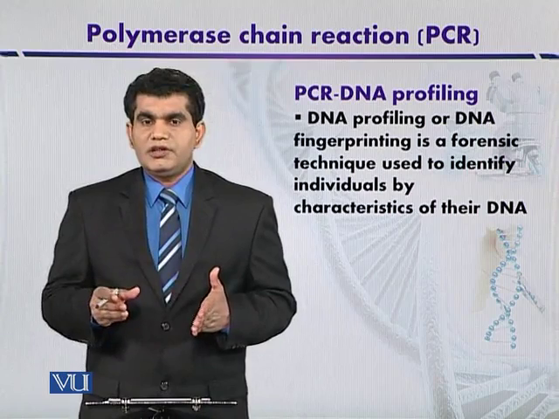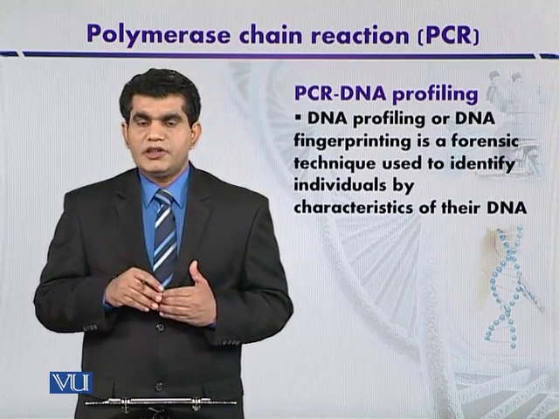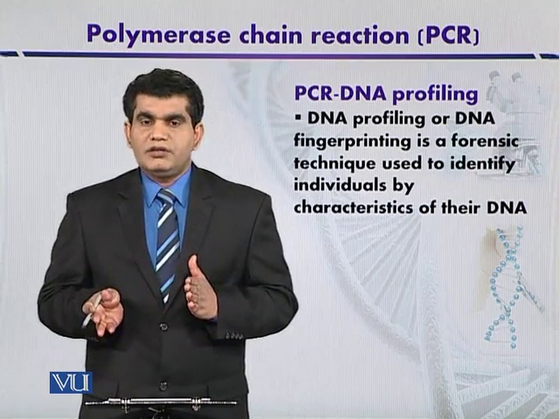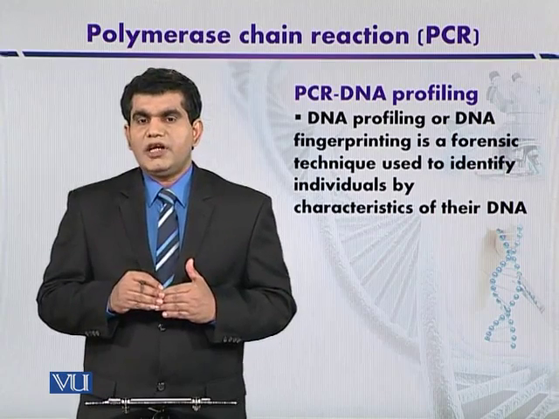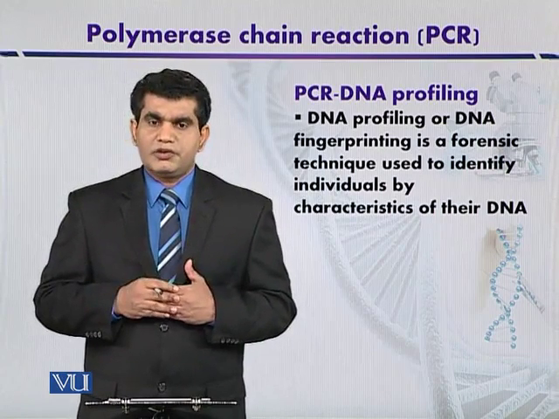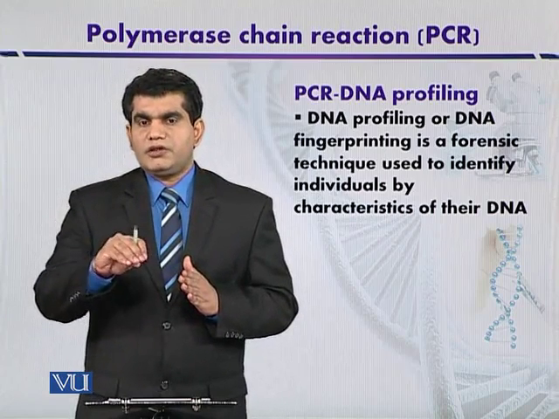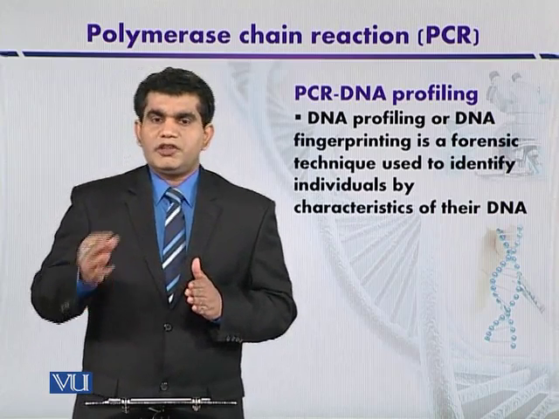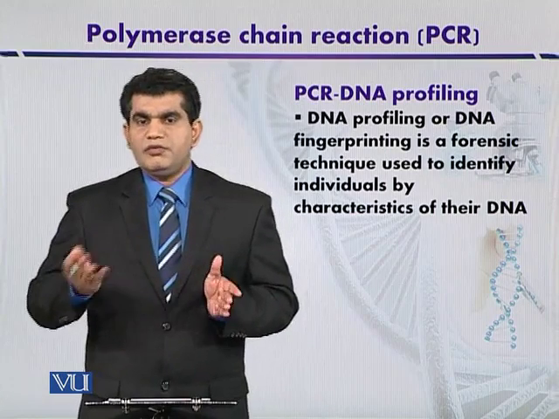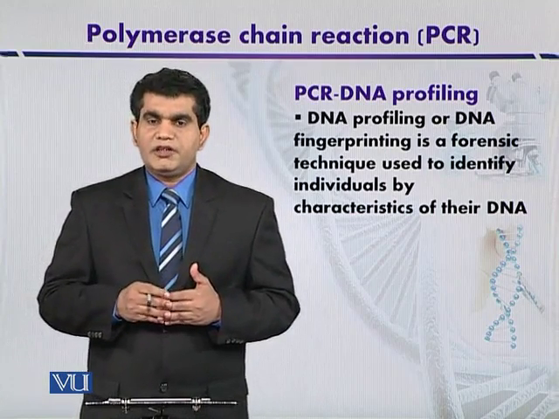So genomic DNA is there, we have a particular restriction enzyme, and we can digest the DNA that has been extracted from different sources. Like DNA can be extracted from the tissue that is collected from the crime scene, from the suspect or from the victim, or different suspects that are involved.